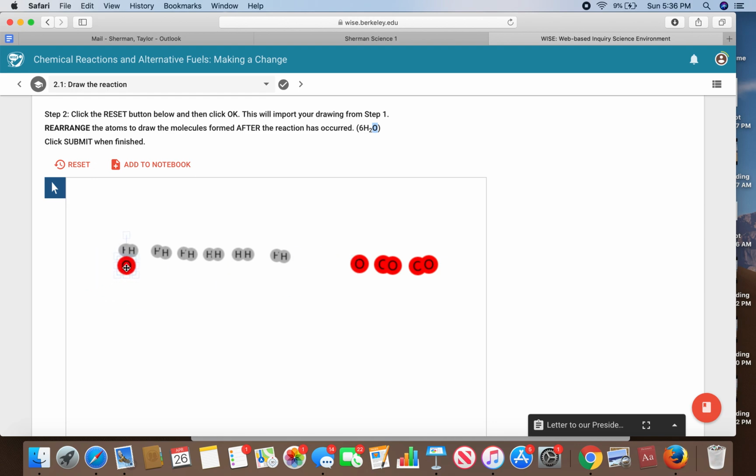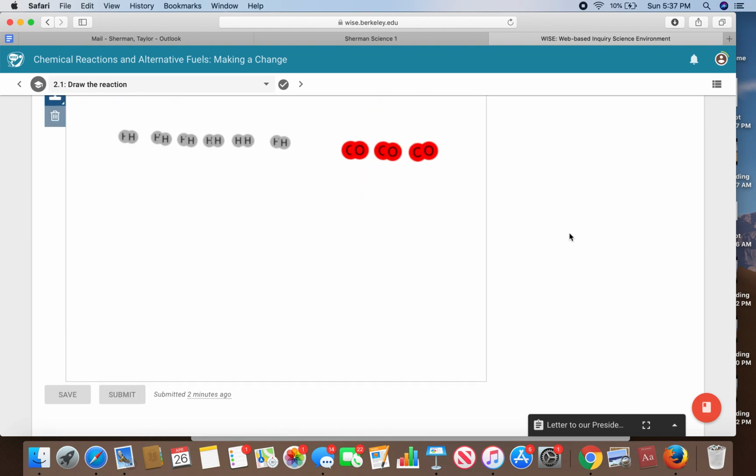We're going to put 1 right here, 1 right here, 1 right here, 1 right here, 1 right here, and 1 right here. So do we actually have 6 H2Os? We didn't add anything, right? We just moved things around. It was exactly the same.